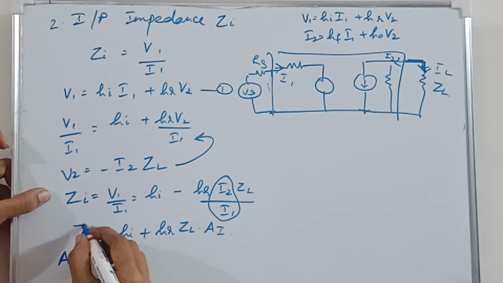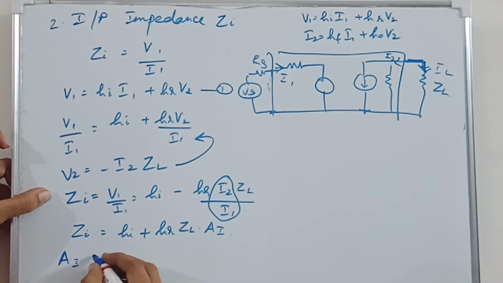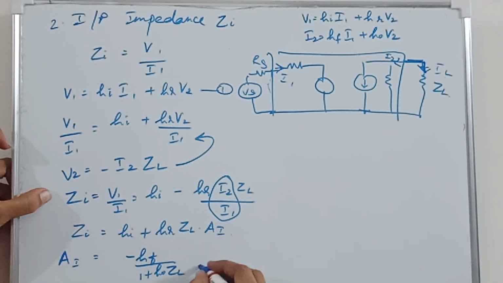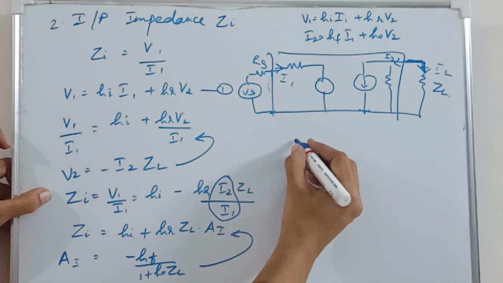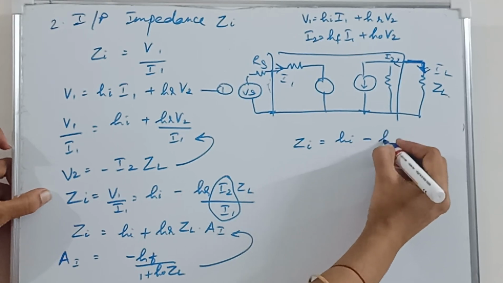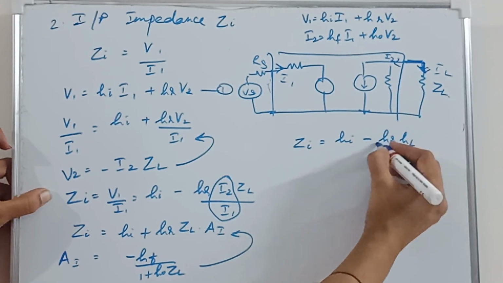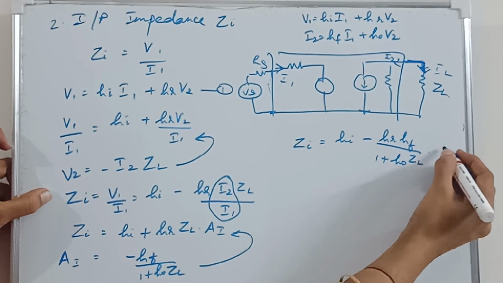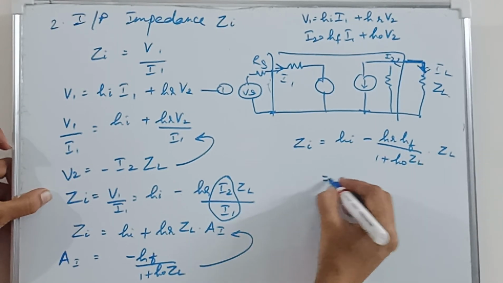So either you can stop it with this, or you can substitute for AI, which is minus HF by 1 plus H0 into ZL. You substitute this in this one, then you will get Zi as Hi minus Hr HF divided by 1 plus H0 ZL into ZL.